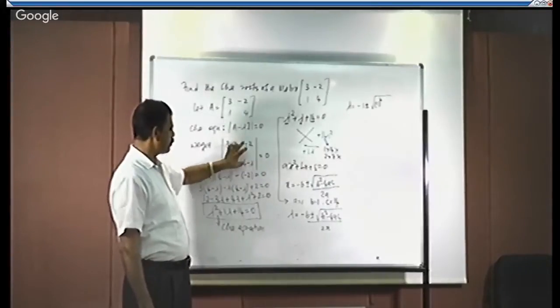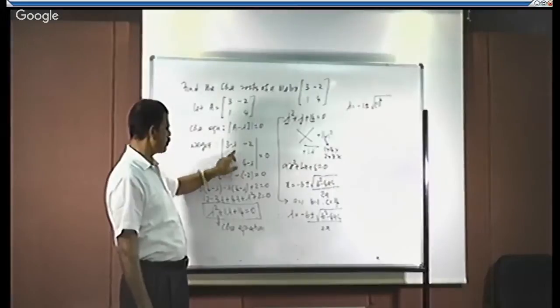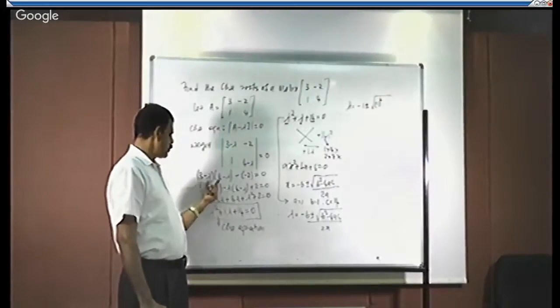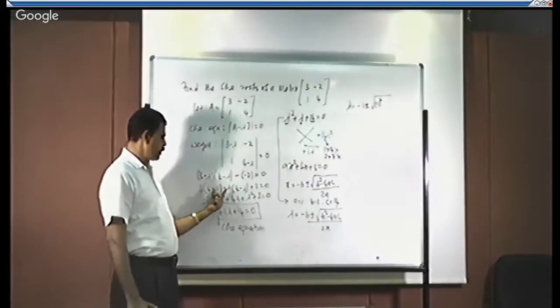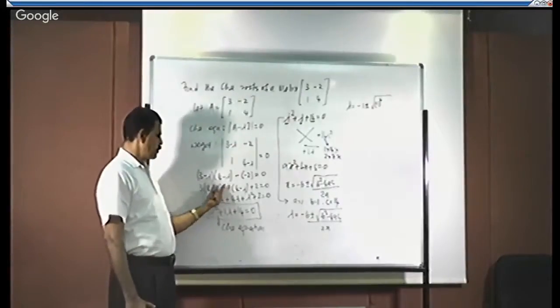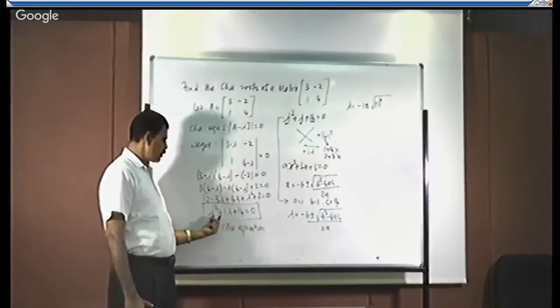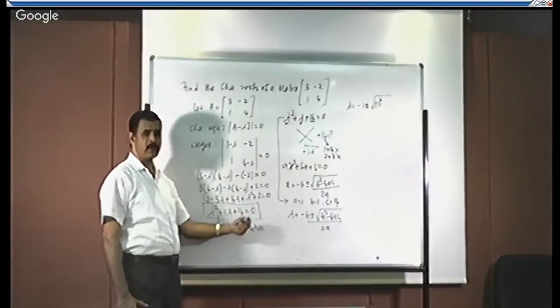By expanding this, product of these two minus product of these two, then brackets are opened in this step. Finally, we get the characteristic equation of this form: lambda square plus 1 lambda plus 14 is equal to 0.